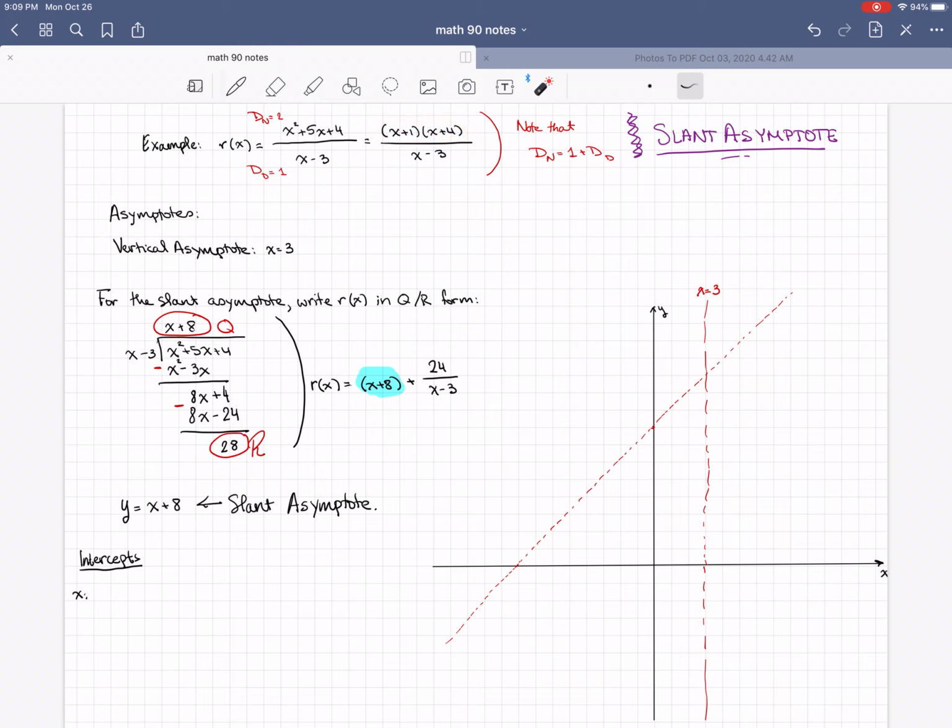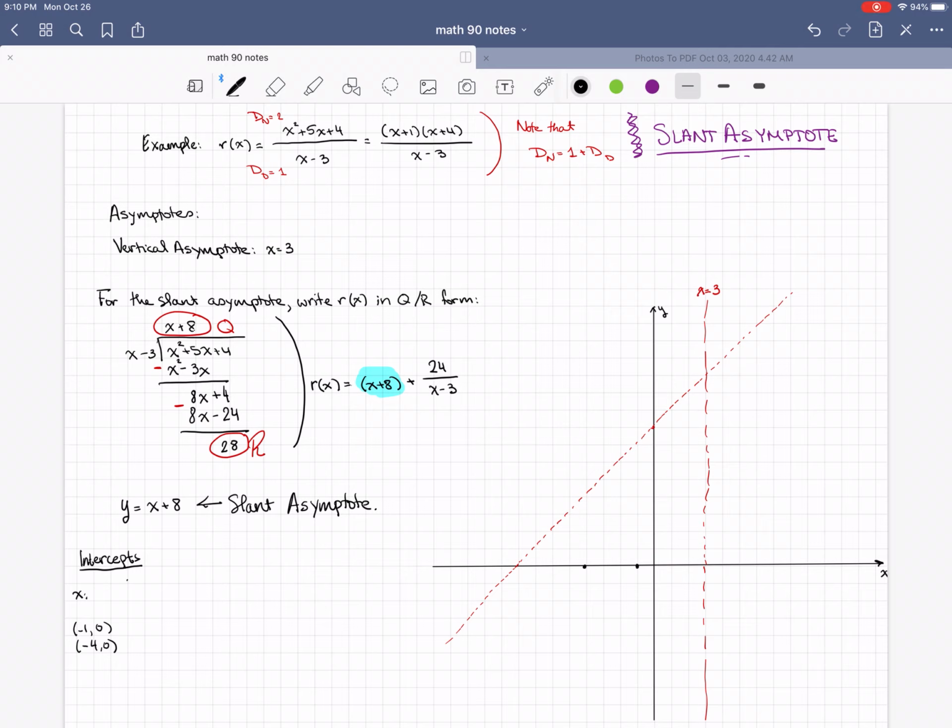Please pause the video and walk through this process on your own if you need to, but the x-intercepts are going to be at -1 and at -4. That is where x plus 1 and x plus 4 are equal to 0. So we can mark them here: there is -1, 0, and there is -4, 0.